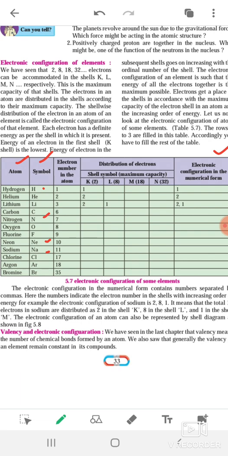In the next column there is given the number of electrons. Hydrogen contains 1, helium 2 and so on. In the next column it is given the distribution of electrons, which we have learned on the basis of the 2n square rule. There are given shells K, L, M and N, and their capacity of electrons. And in the last column there is the electronic configuration in numerical form. We have done it on the basis of the structure.